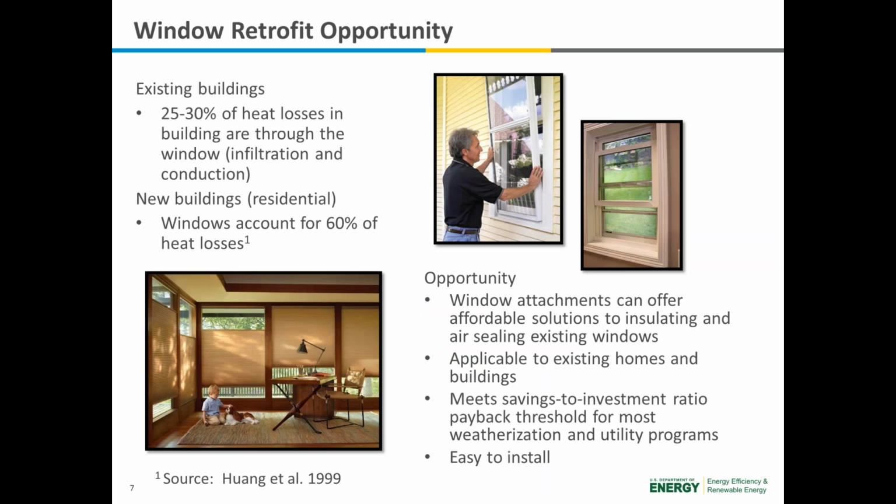Just to drive this point home a little more, it's probably not a mystery to anyone that windows are a major source of heating losses and gains in a building. Just how much? If you take a look at some of the component load studies that LBL conducted a few years back, it was estimated that about 25 to 30% of the heat losses, for both commercial and residential buildings, are lost through infiltration and conduction through the window.